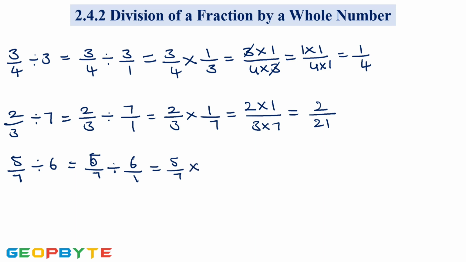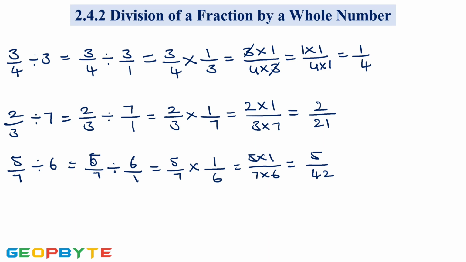So 5 by 7 into 1 by 6 equals 5 into 1, the product of numerators, by the product of denominators, that is 7 into 6. 5 ones are 5, 7 sixes are 42. 5 by 42. The result of 5 by 7 divided by 6 is 5 by 42.